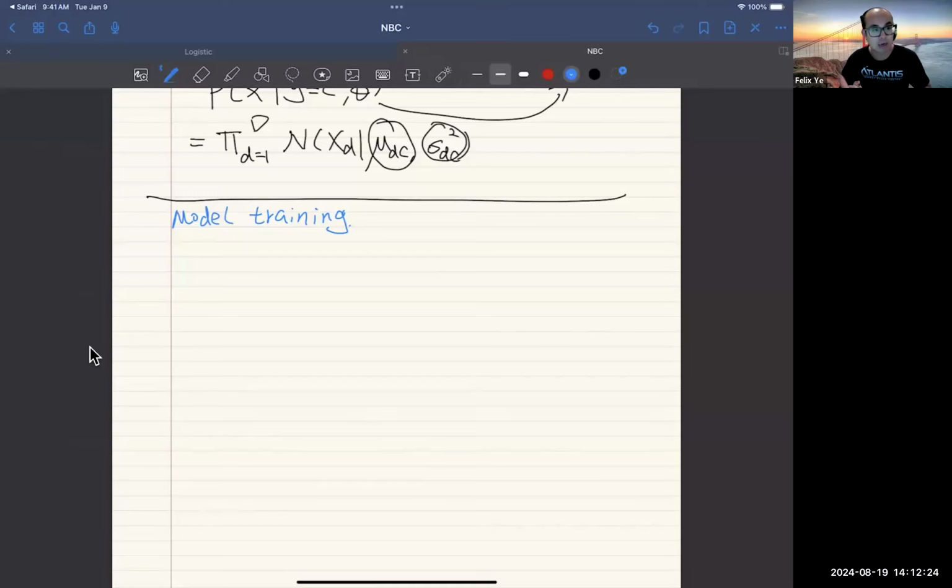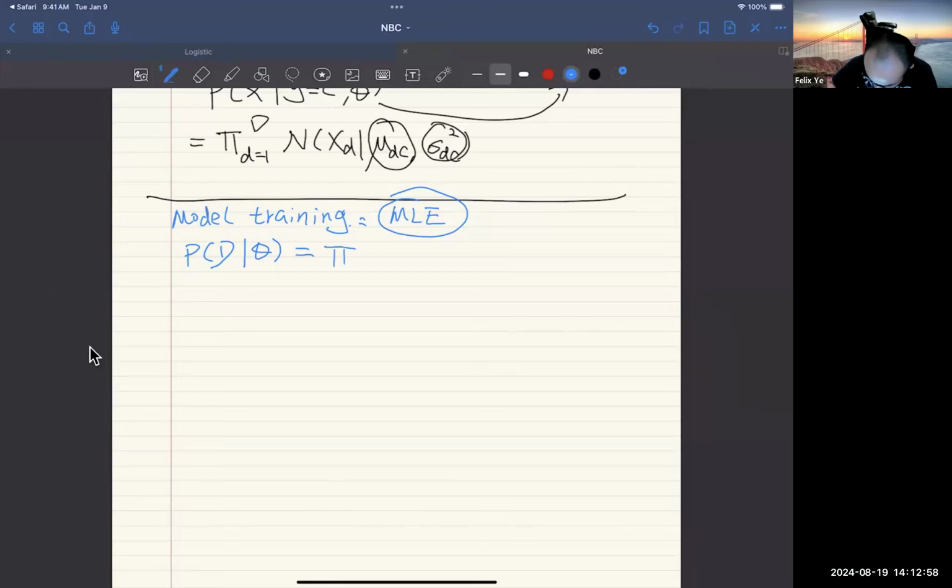So the first thing is we need to find the MLE in this case. The MLE is the probability of D conditional on theta. By definition, model training is, I like to say, maximizing the log likelihood. So we want to find the MLE here.